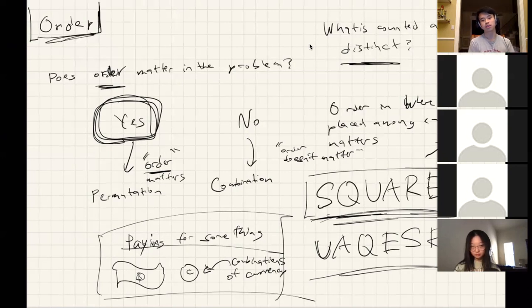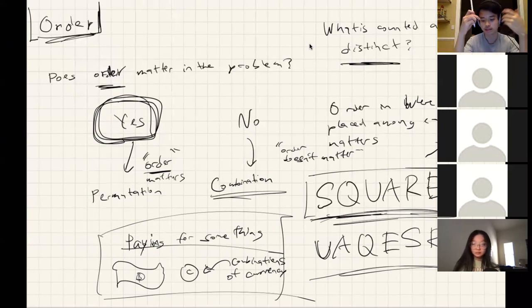You can't really put the currency in some order. They're still the same set of currencies, right? So this is an example of a combination, a combination of different denominations of currency, where the order does not matter.